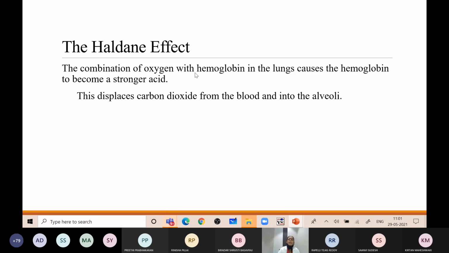That is, the binding of oxygen to the hemoglobin causes displacement of carbon dioxide from the blood into the alveoli. Okay, this is called Haldane's effect.